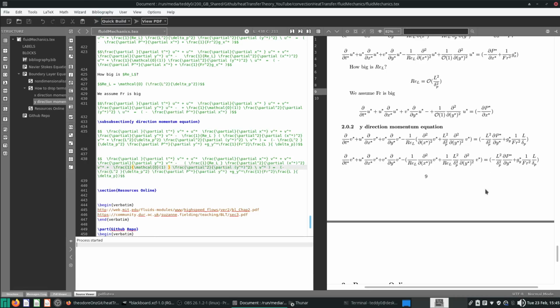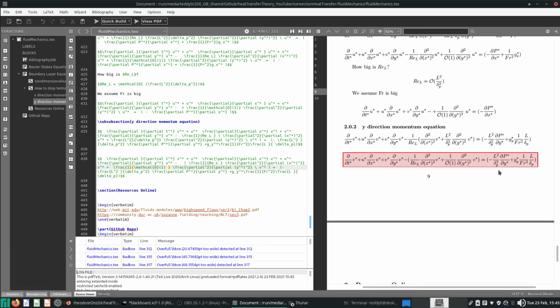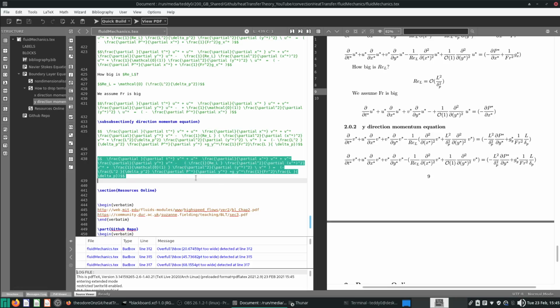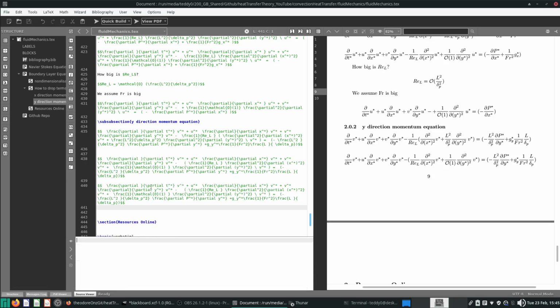However, we are not really finished. Why? Because there is another term here, L squared over delta P squared. So what are we supposed to do? The next step will be to divide everything out by REL.